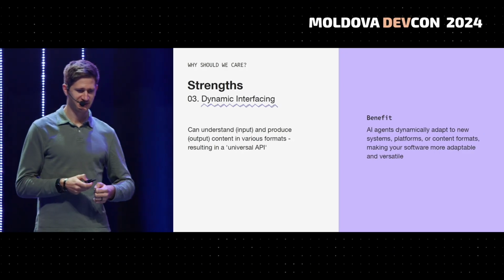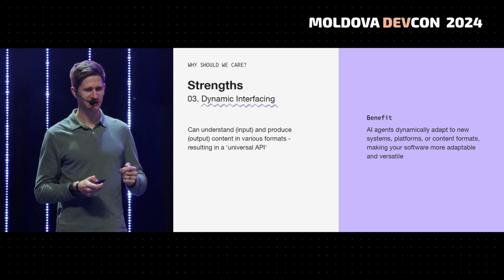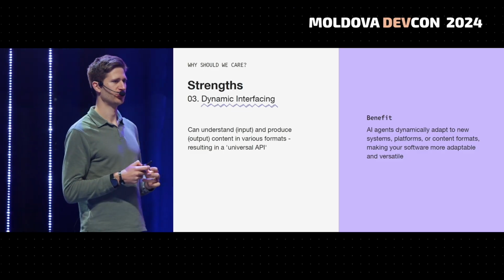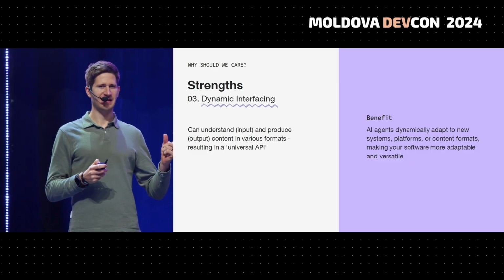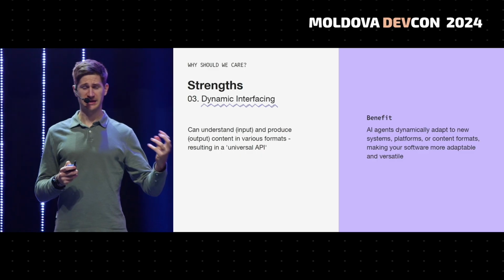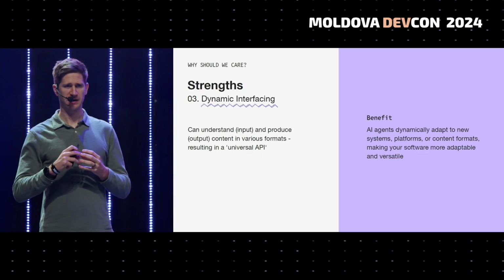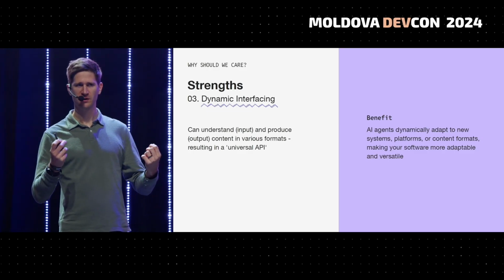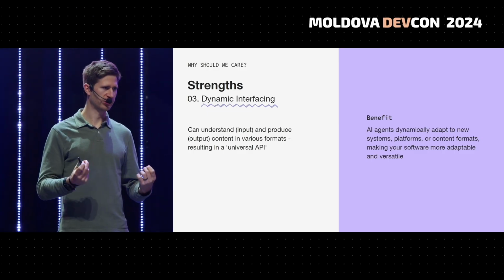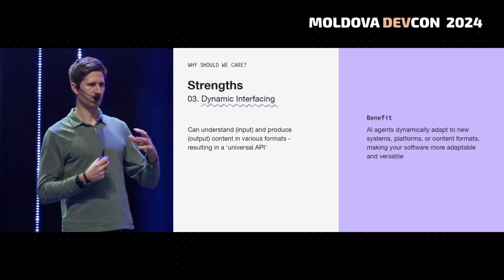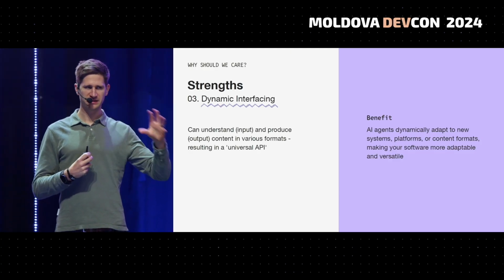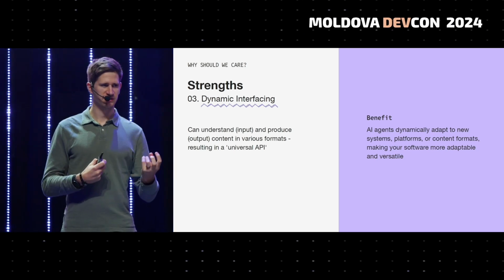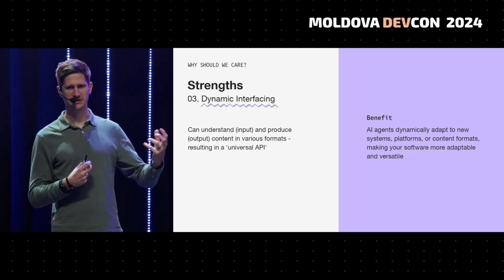The third one is, I think, actually a really interesting one, and I call it dynamic interfacing. I almost say you can think of this as a universal API. The fact that these LLMs can receive inputs in any format and outputs in any format means it can communicate pretty much with any system without having to be pre-programmed to communicate with it. So you can give an LLM a JSON output, CSV output, HTML output, and it could then interpret it and extract the information that it needs without actually caring what the schema is.